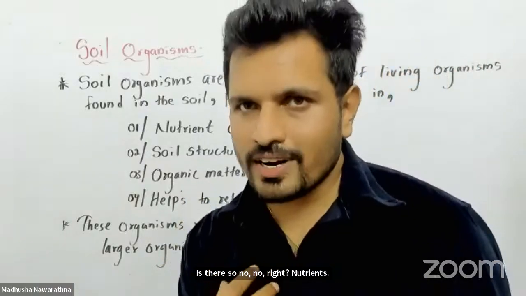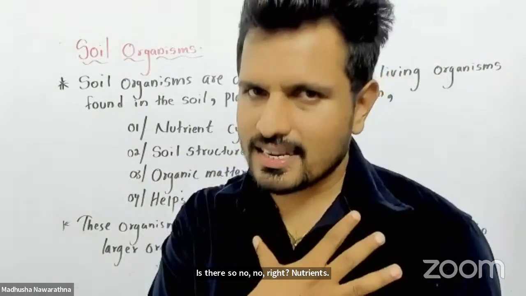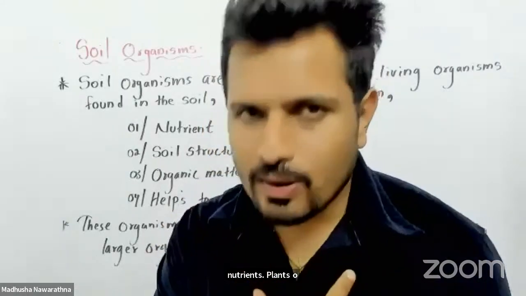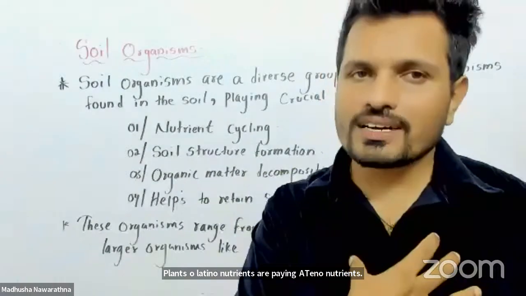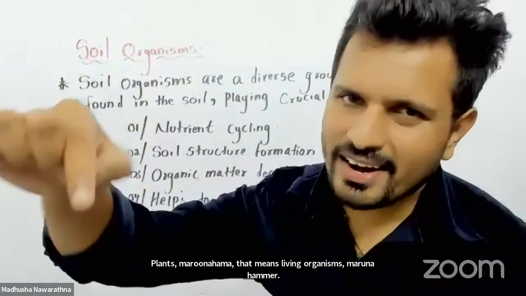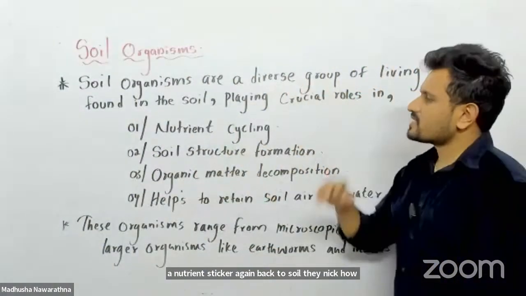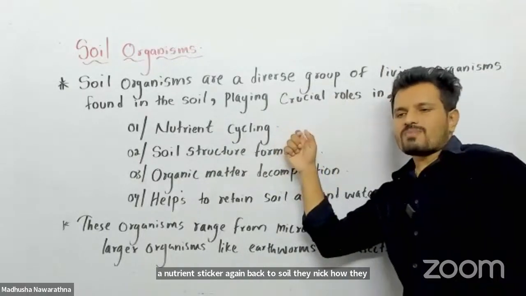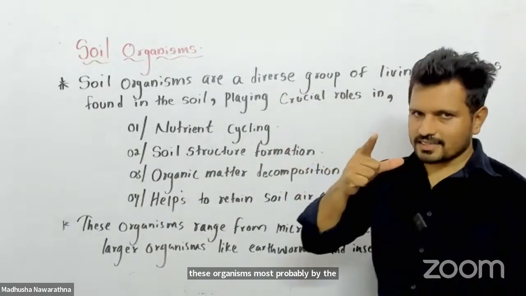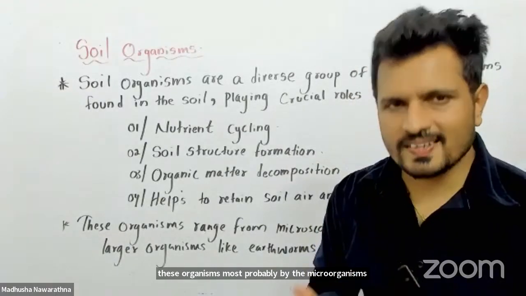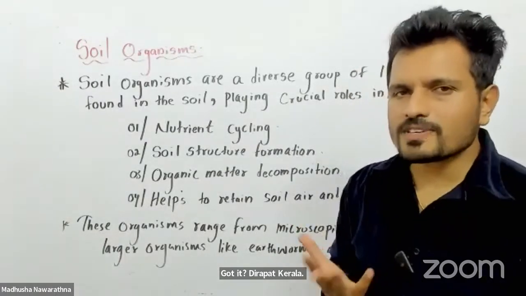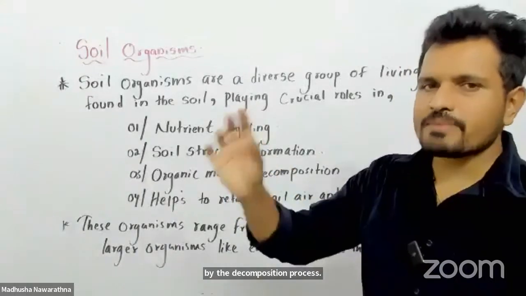Plants have nutrients. Our bodies have nutrients. When we die, when plants die, that means when living organisms die, who gives those nutrients back to the soil? These organisms, most probably the microorganisms, by the decomposition process, by the decomposition of dead animals and dead plants.